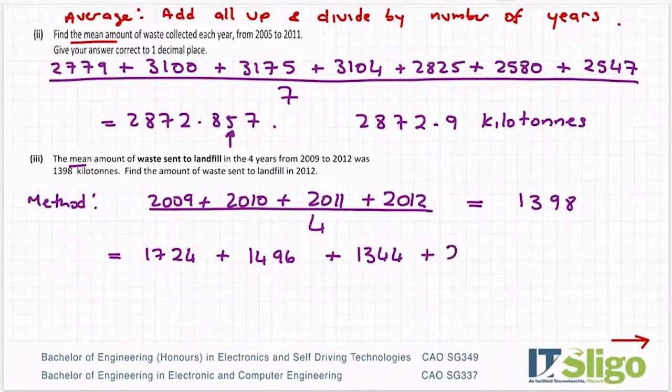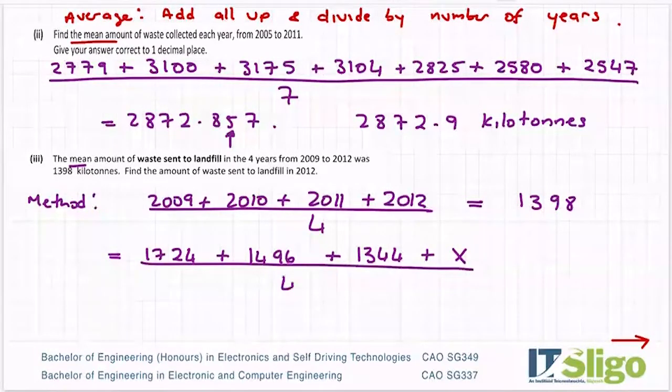And 2012, maybe it would make more sense if I called it x. Of course you can leave it as 2012, but it may make more sense if we call it x. So what I'm going to do is multiply both sides by 4.